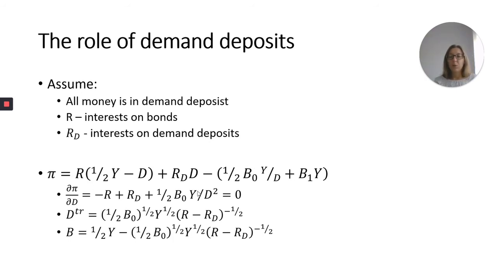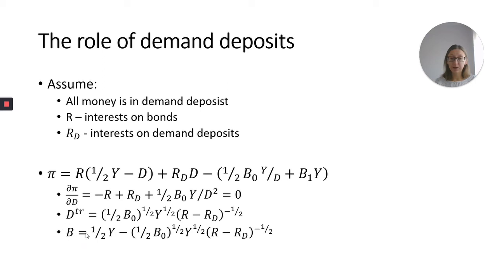Aiming to find the optimum value of demand deposit for transactions, we need to find the first order derivative of the profit function with respect to deposits, make it equal to 0, and then we can calculate the optimal value of the demand deposit for transaction motives.